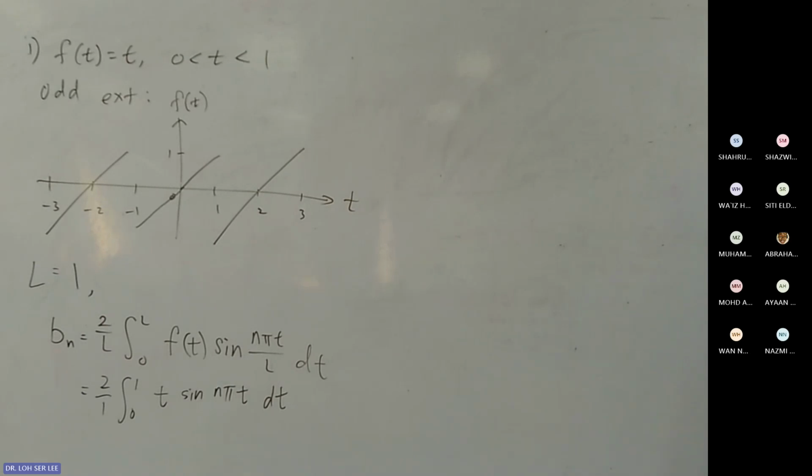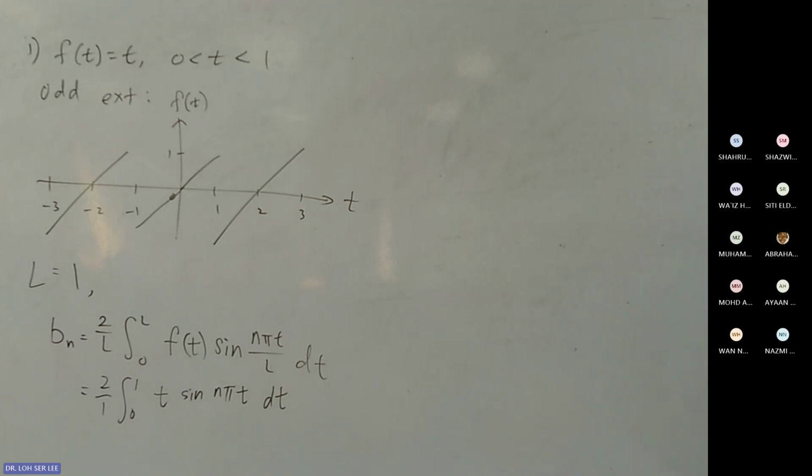If you look at the past year questions under this chapter, Fourier series, it is quite easy to solve because the questions more or less are the same. I hope all of you manage to score for this Fourier series. First you need to identify the given function, is it defined in full or defined in half?